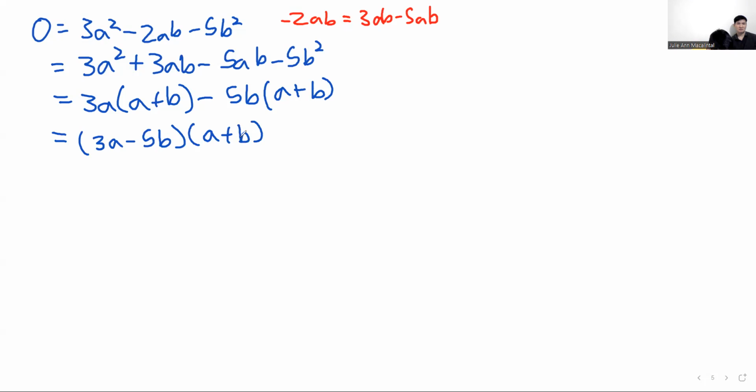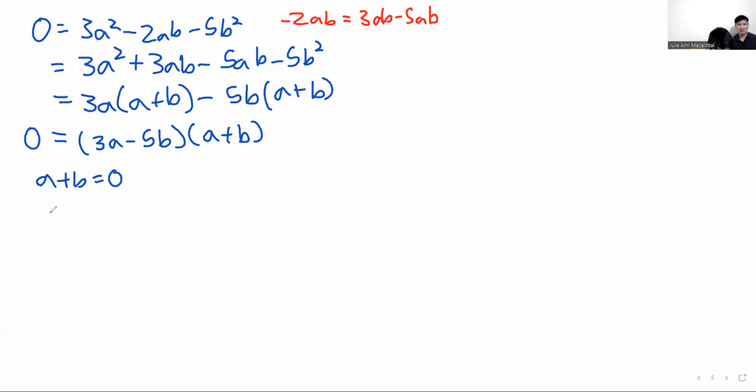If this is equal to zero, then either factor can be zero, either or both. It's an or function. So a plus b is equal to zero.